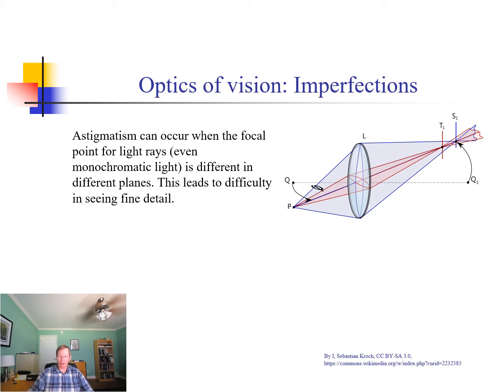So if you see the blue rays are focused at one point and the red rays are focused at another point here, blue and red not being colors, they're just in this image, it's not the actual color of the light. And what that leads to is what's called astigmatism, which we'll talk more about. So if I have a different ability to focus the light because of the shape of this lens, and it's in different planes, that leads to an astigmatism.